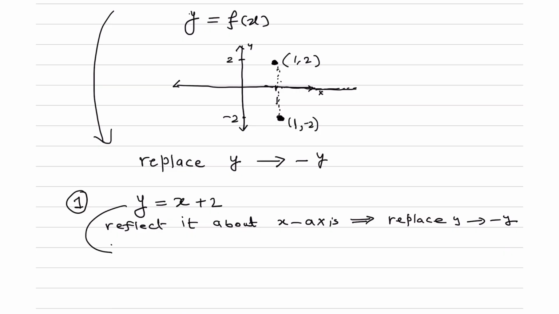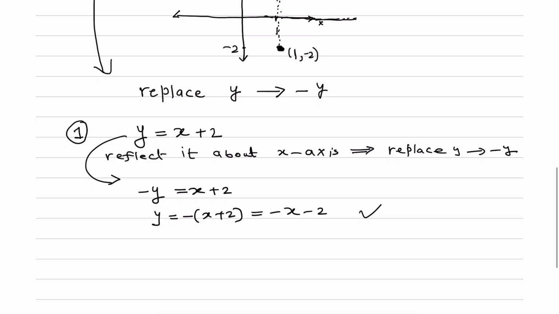So in this graph, y becomes -y, equal to x plus 2. We will take the minus sign over there. So this is what we get, y = -x - 2. So that is the reflection of the graph y equal to x plus 2 about the x-axis.